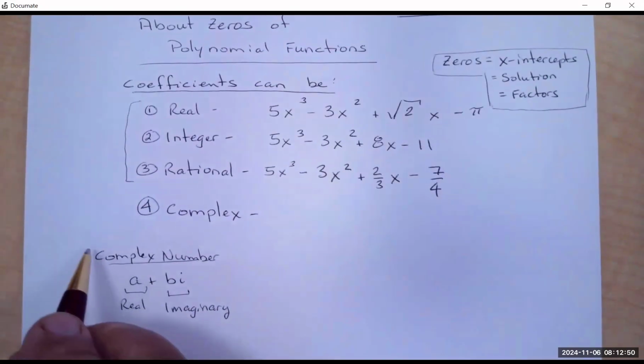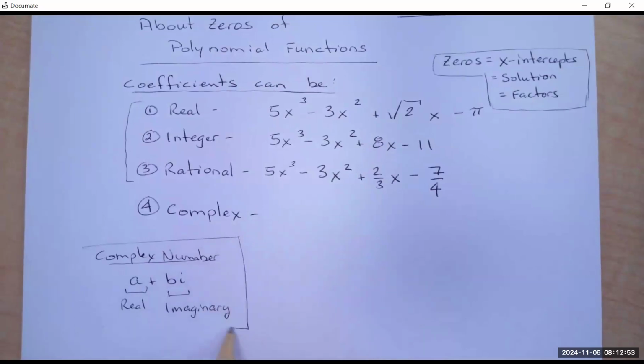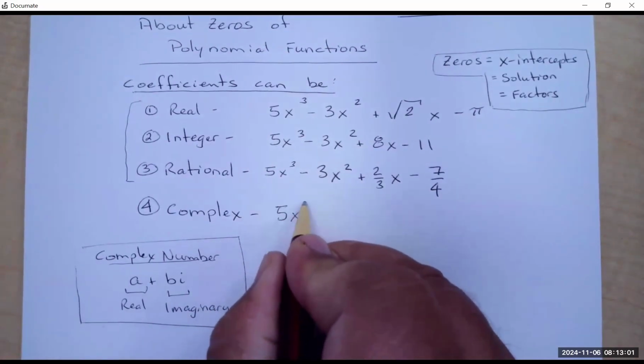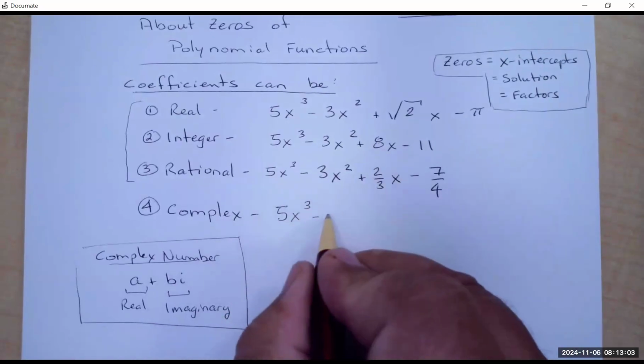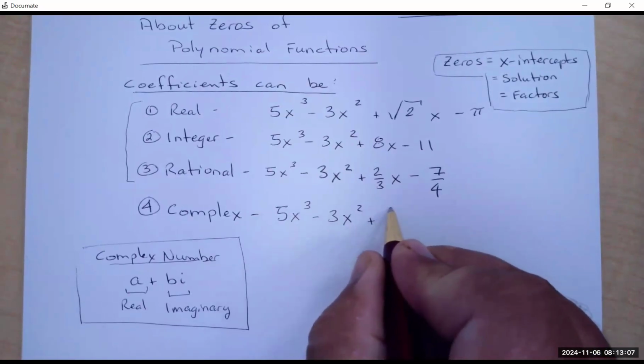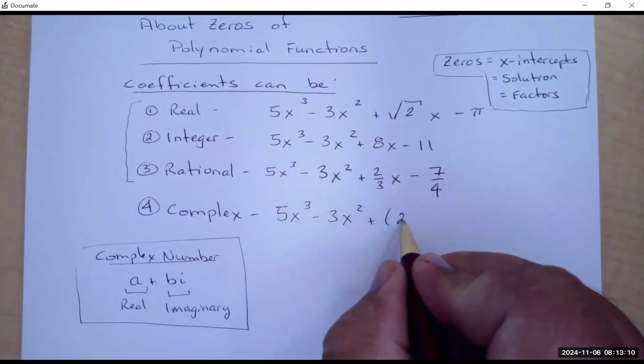That's a complex number. So the fourth possible condition that we can look at is complex numbers.